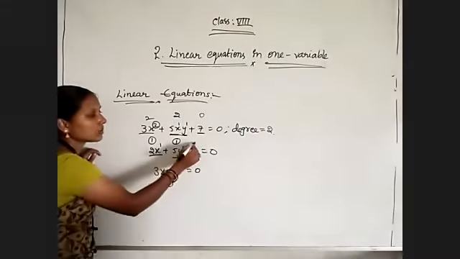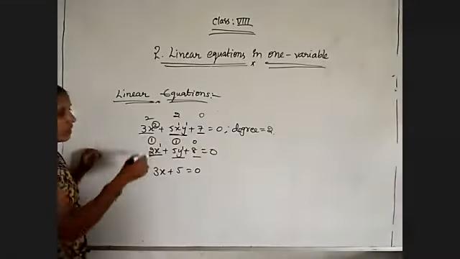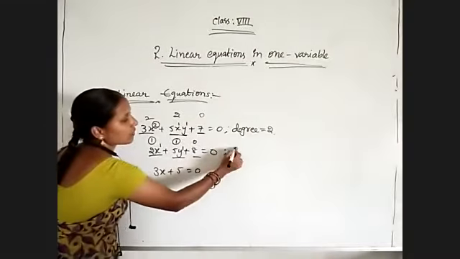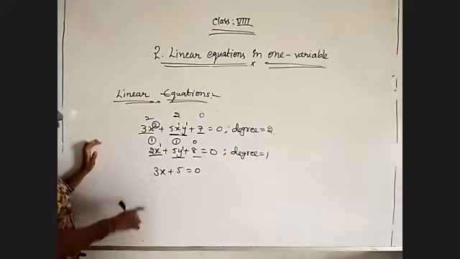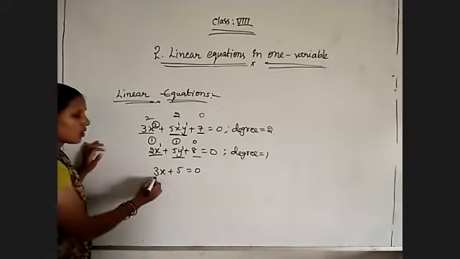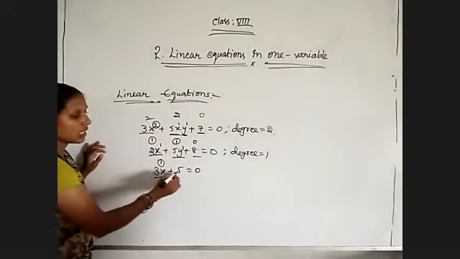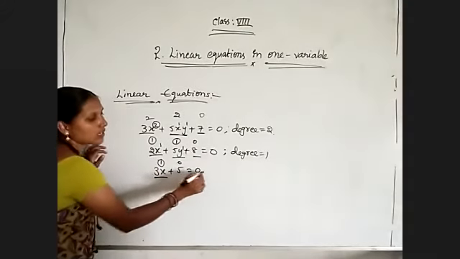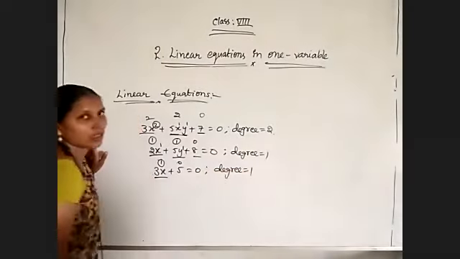For the constant term, the degree is 0. What is the highest value among these three? 1 only. So the degree of this equation is equal to 1. And coming to the last, here only one variable is there, and its power is also 1. So the degree, and here 0, the highest value is 1. Degree is equal to 1.